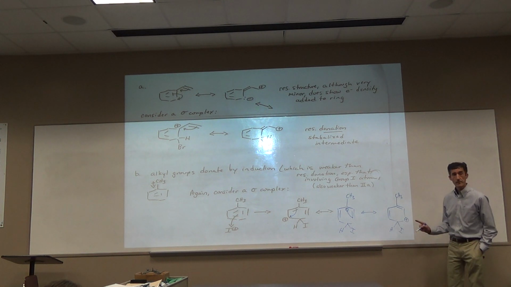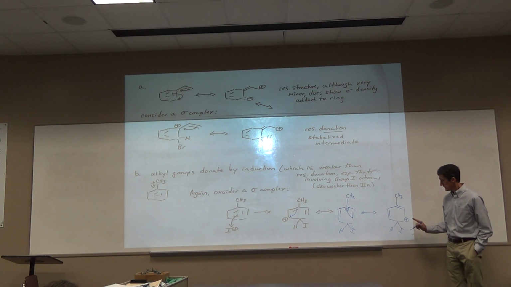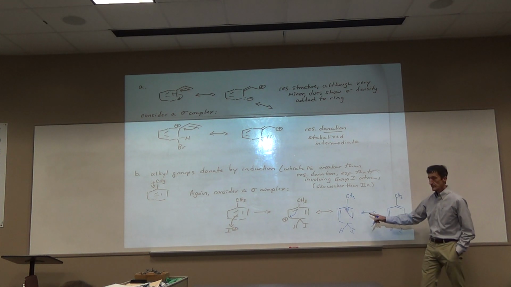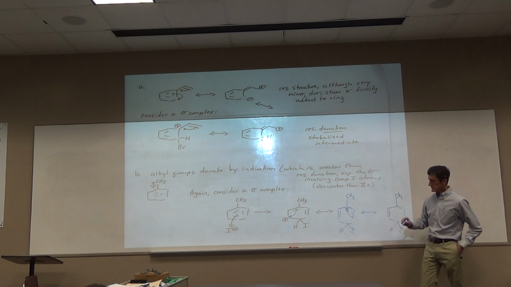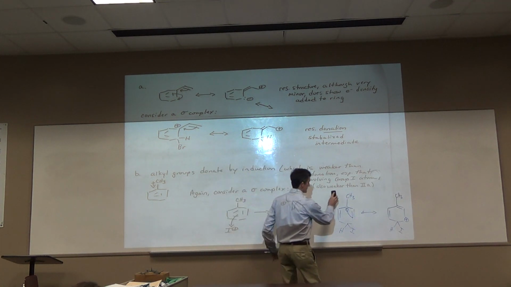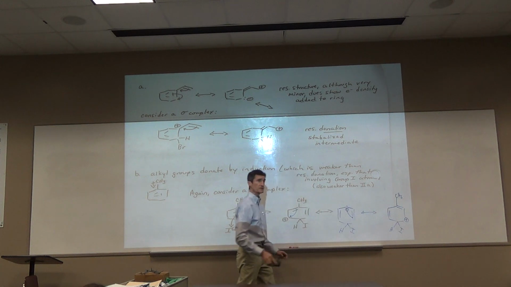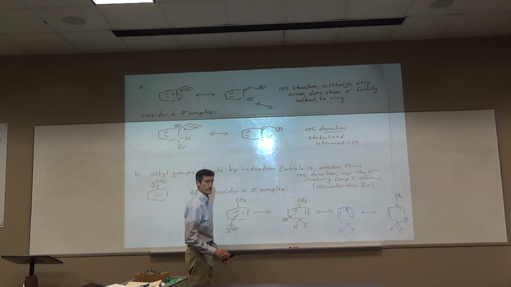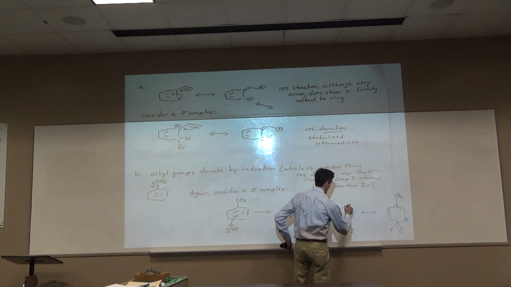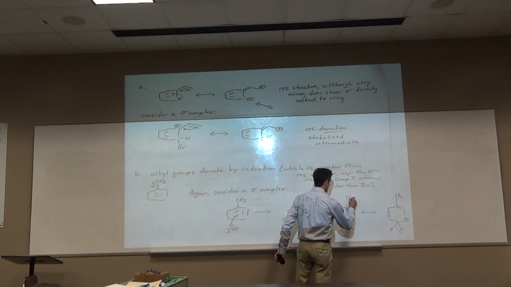You mean, this resonance here? What does that have to do with the methyl group? I mean, I can get rid of it and it's still resonance stabilized. Yep. We got a group on the ring.